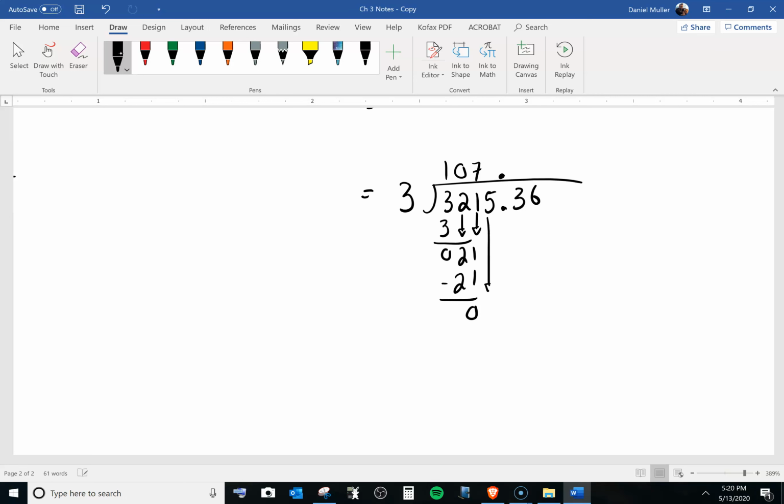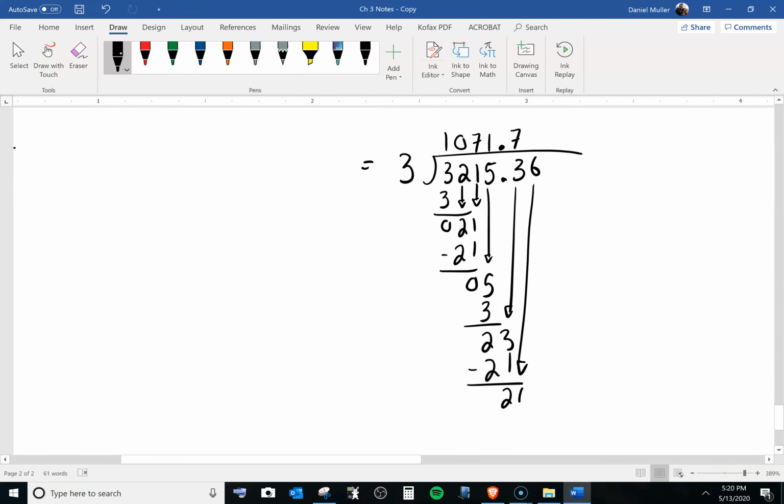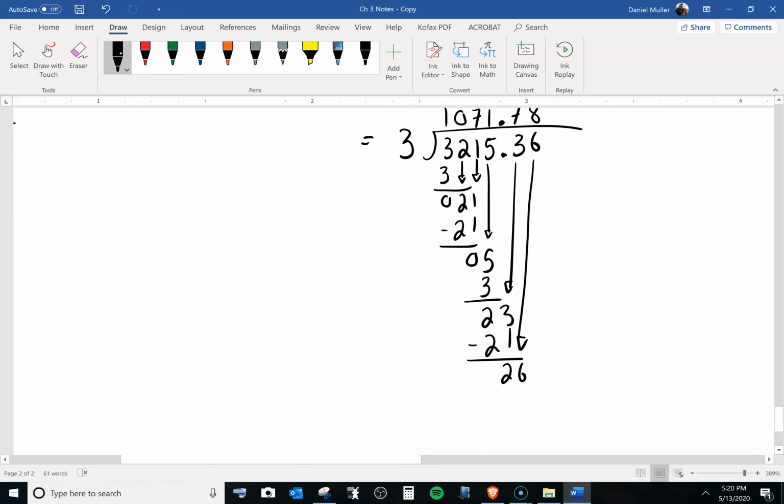So then I can bring down the 5. 3 goes into 5 once. 1 times 3 is 3. There's a 2. Bring down the 3. 3 goes into 23 7 times as well, which gets to be 21, which is a 2. And bring down the 6. That's 8. 8 times 3 is 24, which is a 2. So you can add a 0.